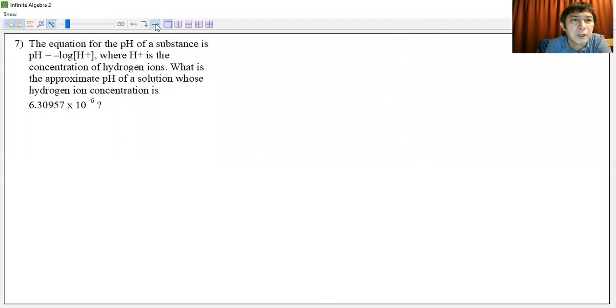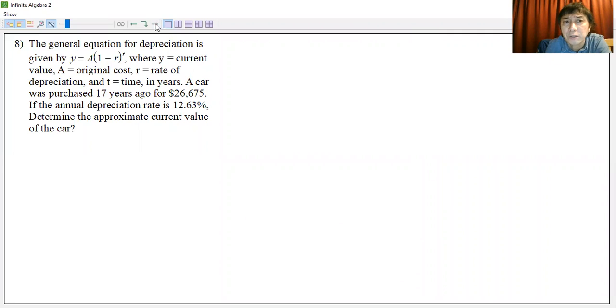Here's number 8. All right, the general equation for depreciation is given by y is equal to a times the quantity 1 minus r, the entire quantity raised to t, okay?